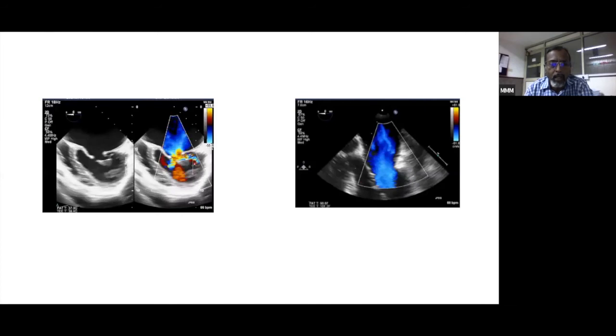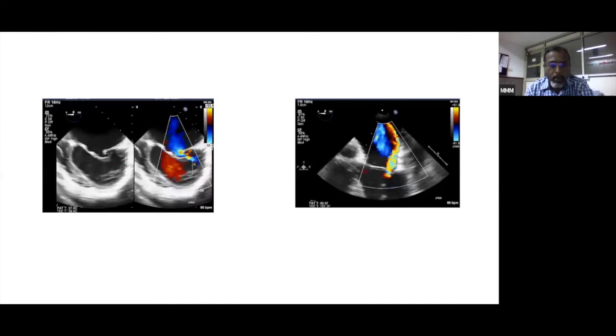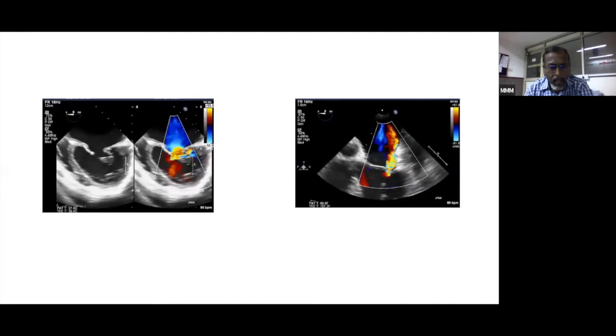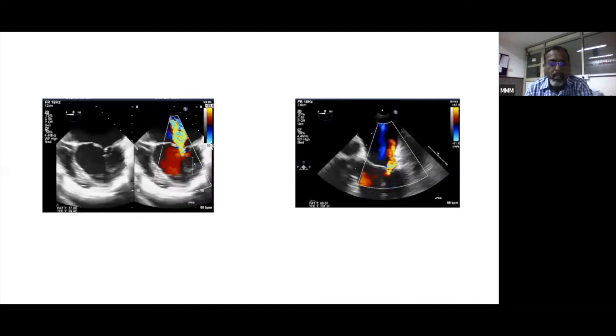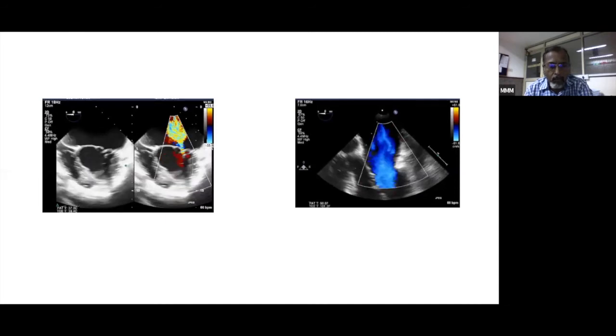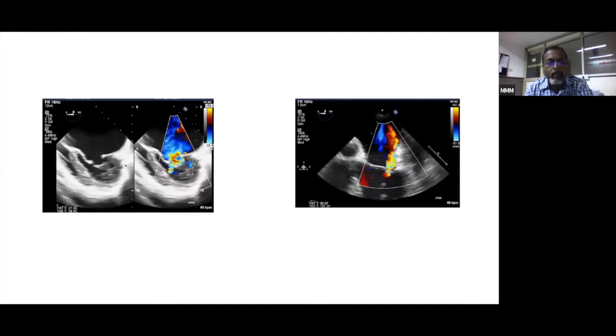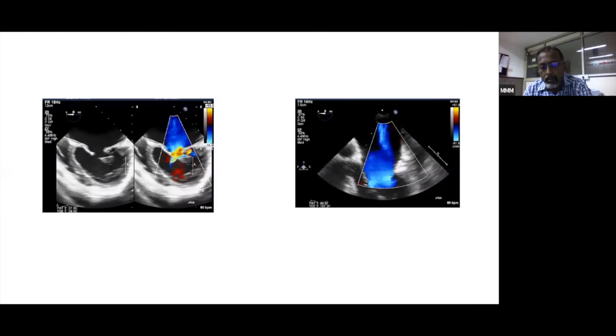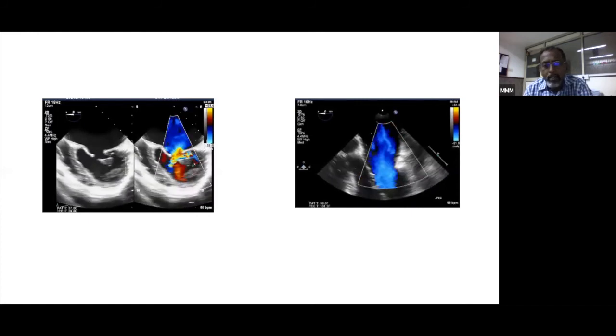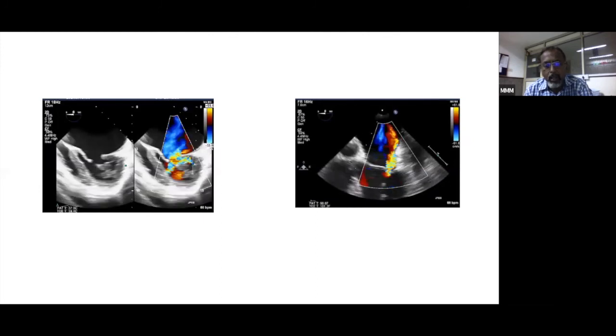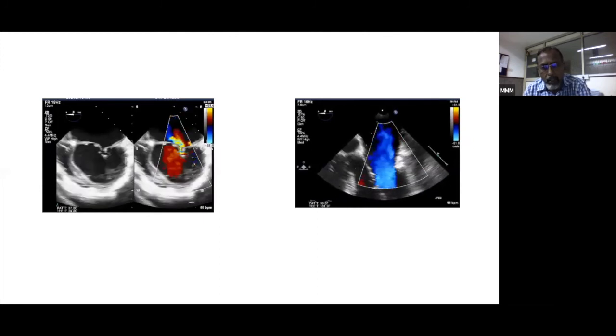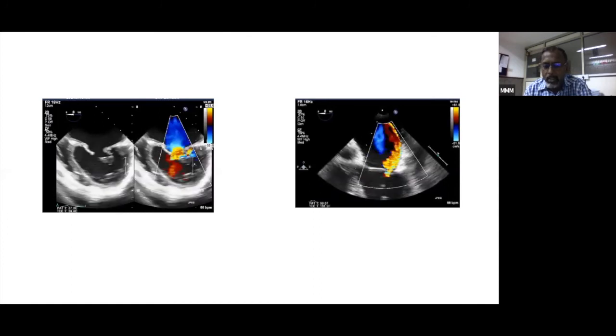With a central jet, you can fairly measure the area, and see what the percentage of left atrial area is compared to the jet area. If it is an eccentric jet, especially a wall-hugging jet, it's usually underestimated by almost 60%, so the jet area cannot be accurately calculated.